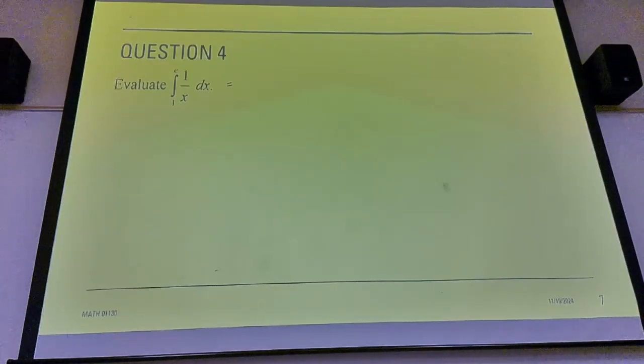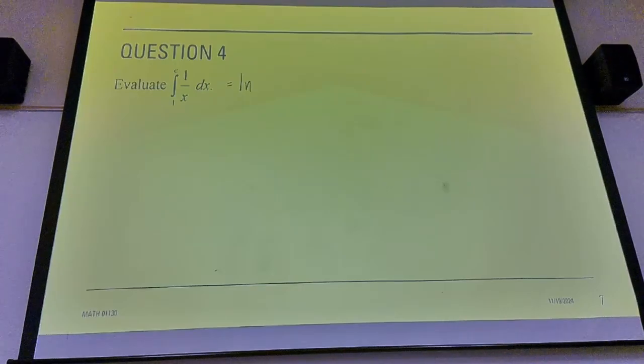Antiderivative of 1 over x. Natural log of x. You're close. It's not natural log of x. Natural log of x times x.